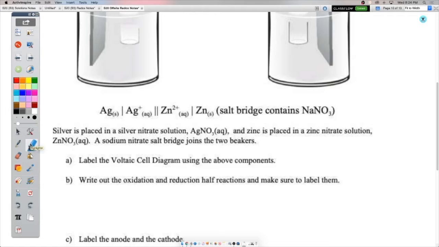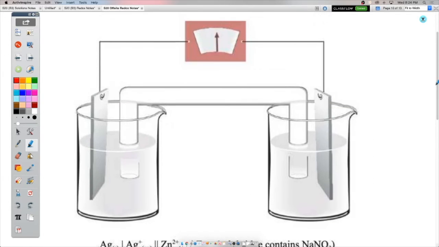So silver is placed in a silver nitrate solution, and zinc is placed in a zinc nitrate solution, and a sodium nitrate salt bridge joins the two beakers. So we've got silver and zinc. We got to compare those two things. So it asks us to label the voltaic cell diagram using the above components. So let's just go ahead. I'm going to pick one and make one side and make one the other.